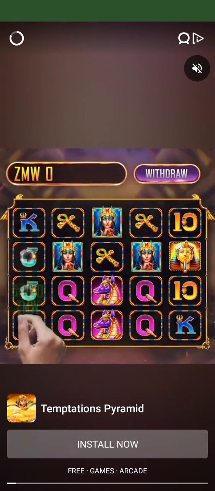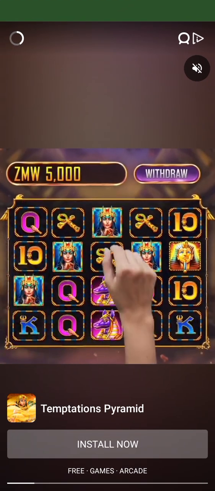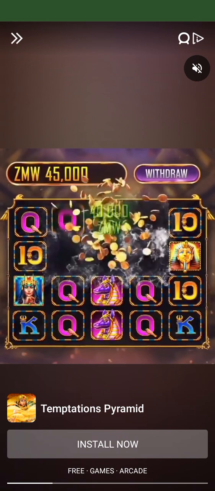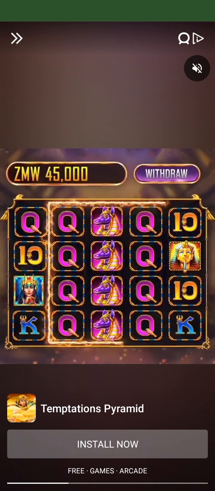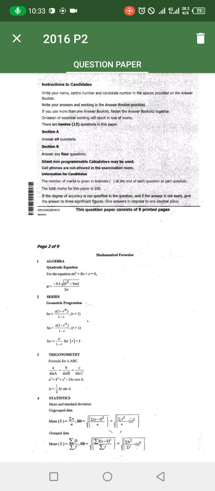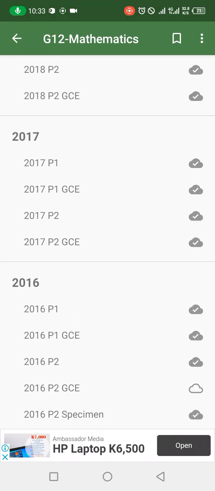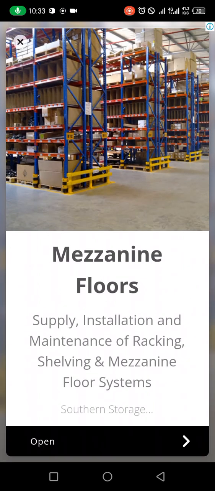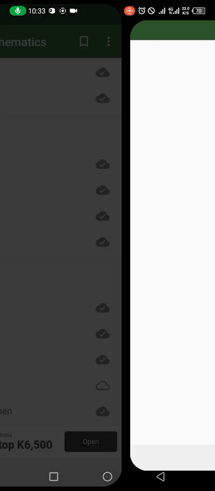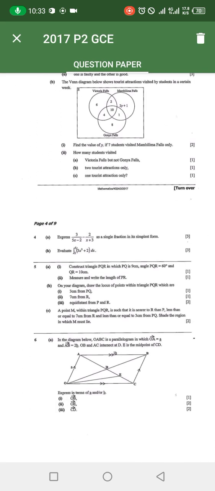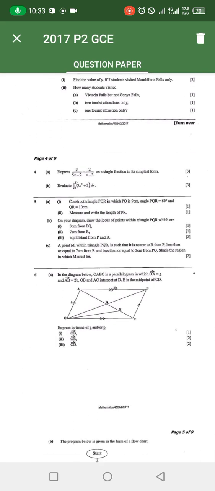And the last one, take note of 2017 GCE. It came on question 6A.